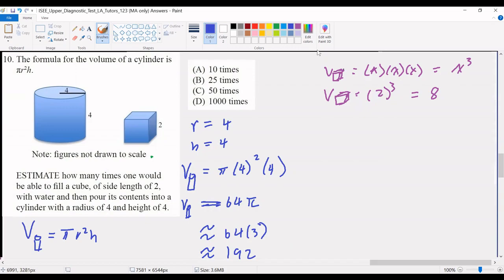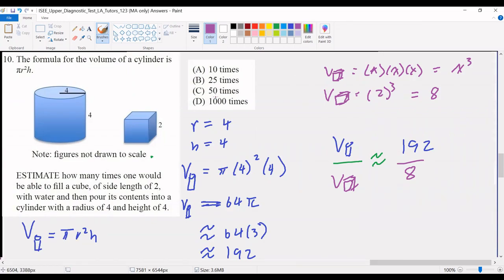Okay, so we continue with this problem now. What we end up having is we're taking the volume of the cylinder and we're going to divide it by the volume of the cube. So this is going to give us our approximation. So our volume of the cylinder is about 192. Our volume of the cube is 8. Then we just want to say, hey, which one of these matches these answers closely?